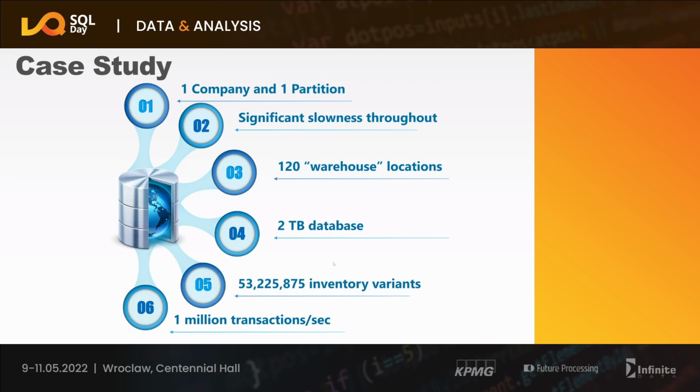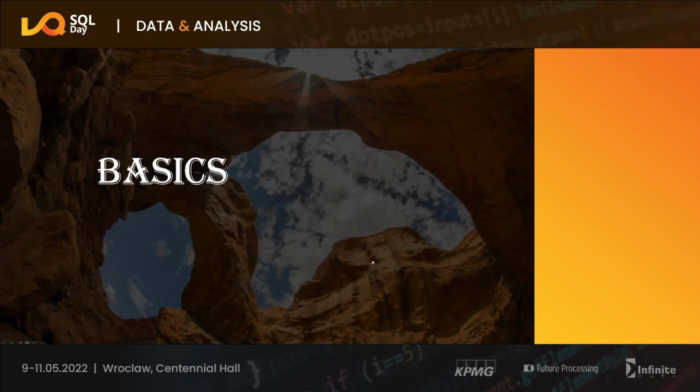And by the end of this, it was causing too much pain. So we had to find a way to get them past these pain points. And eventually we got up to about 1.5 million transactions per second while driving down their inventory movements from 5 minutes down to under 10 seconds. All right.